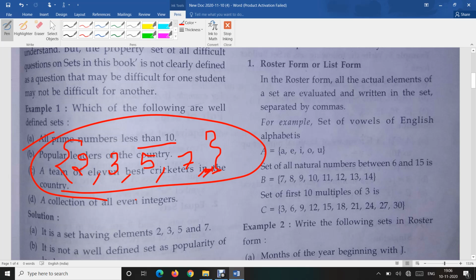So these are well defined because they have a common property, that they are prime numbers less than 10, and there is no confusion regarding this. That means this is well defined.